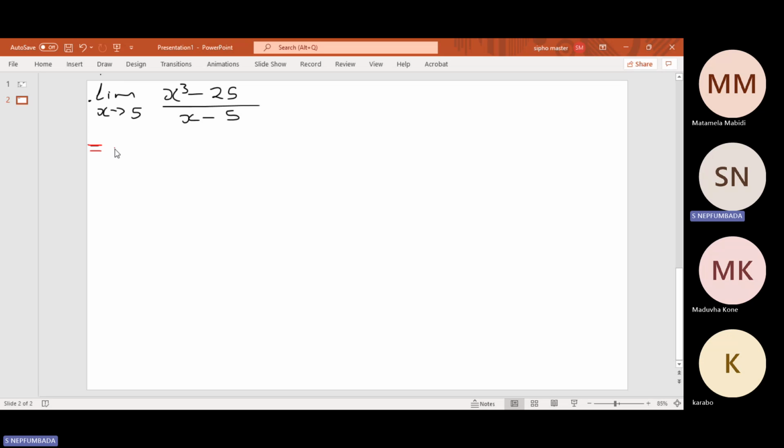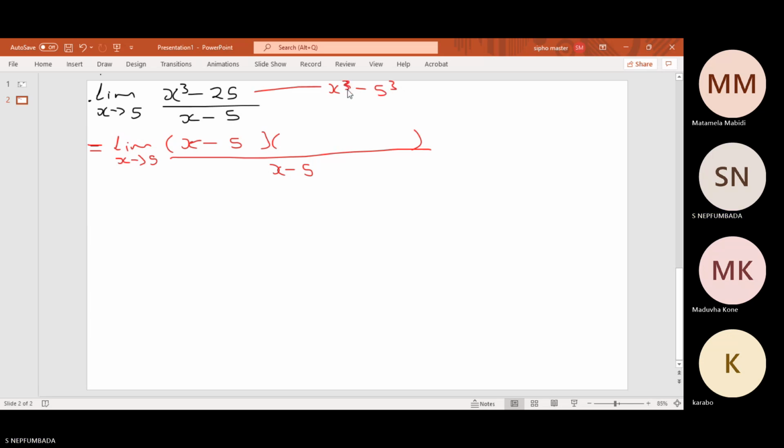And don't forget to write the equal sign when you are dealing with the limit. We said we copy everything without the exponent. And this is nothing but x to the power of 3 minus 5 to the power of 3.